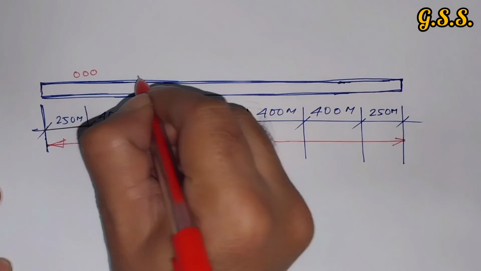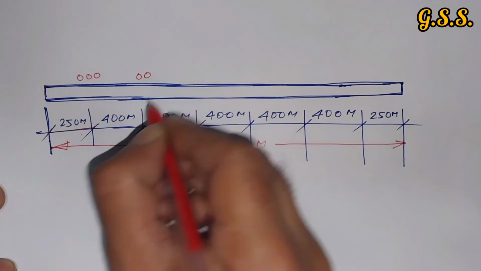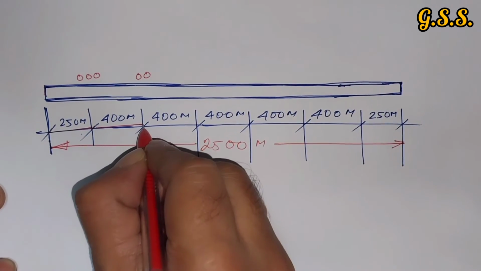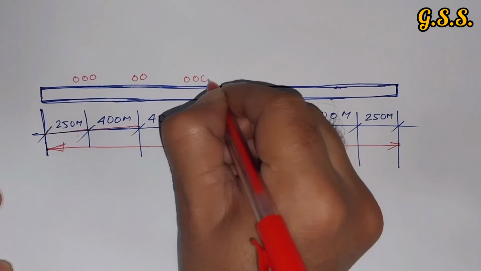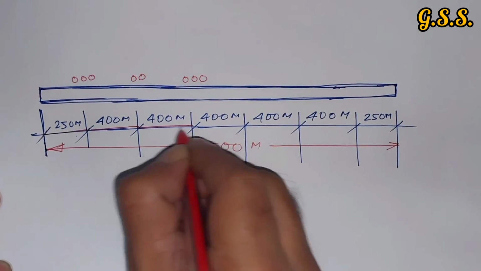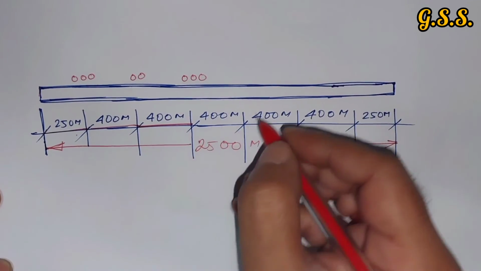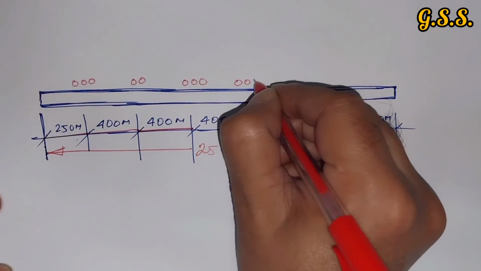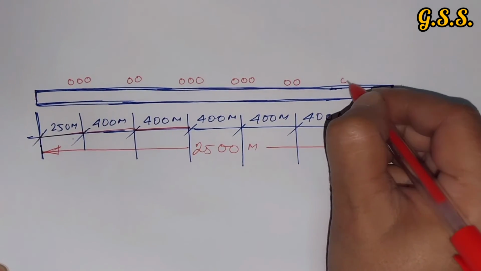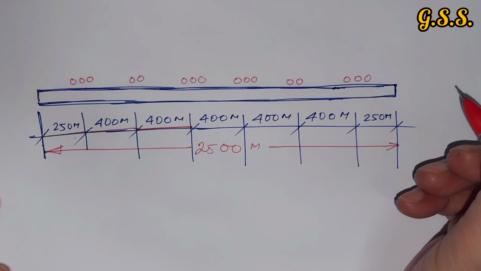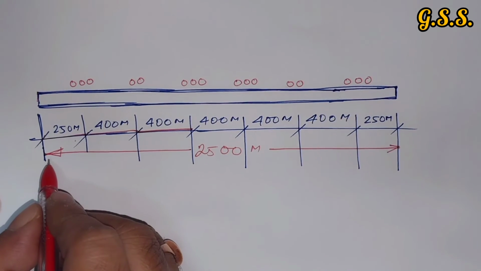Then we provide 2 anodes after 400 meter, then 3 anodes after 400 meter, then 3 anodes, then 2 anodes, then 3 anodes, like this.